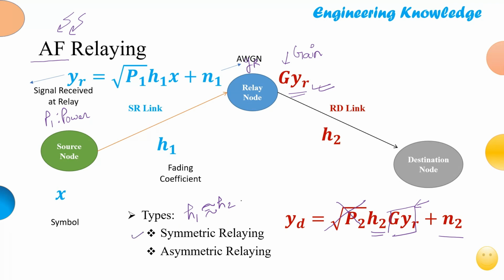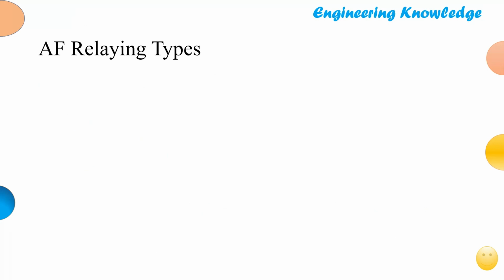If H1 and H2 are not the same, meaning one is Rayleigh distribution and the other is Nakagami distribution, Hessian distribution, K distribution, log normal distribution, exponential distribution, you name it, so if the two fading coefficients H1 and H2 on the SR and RD links follow different distributions, then we say that these systems are asymmetric relaying. Now, the various types of AF relaying systems come on the basis of the gain that is given.